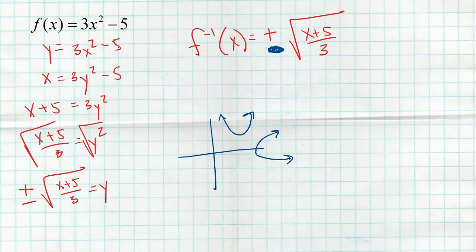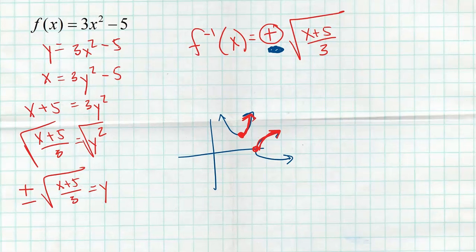But if we say we're only going to use this side of the parabola from the vertex on, then when I invert that, I'm only using this portion of my answer, which would only be that positive square root. And if that's the case, now I am invertible because my function only has one side of it, or only one output for every input.